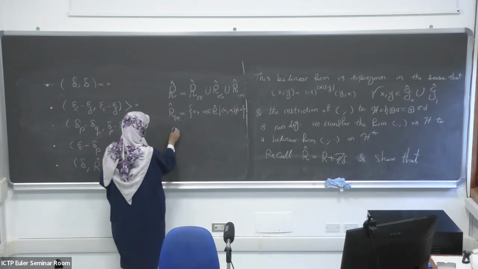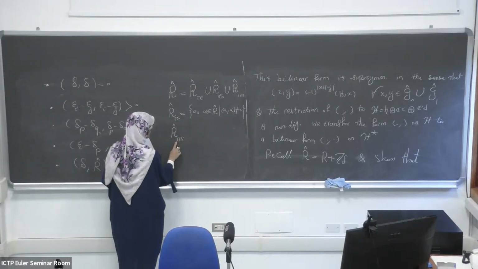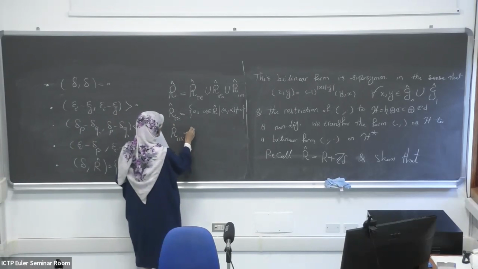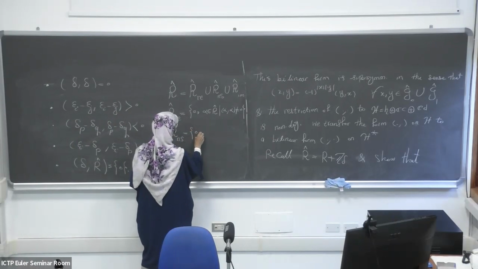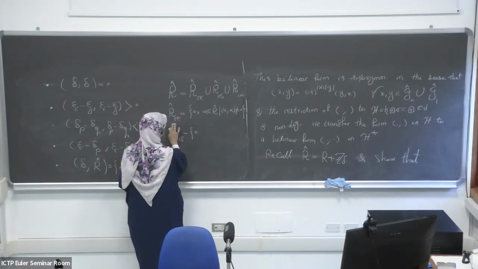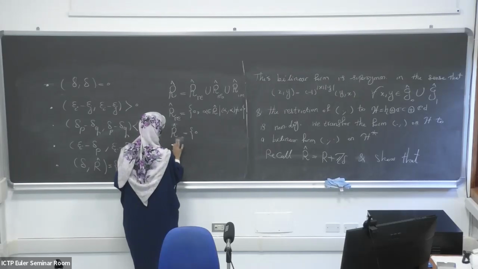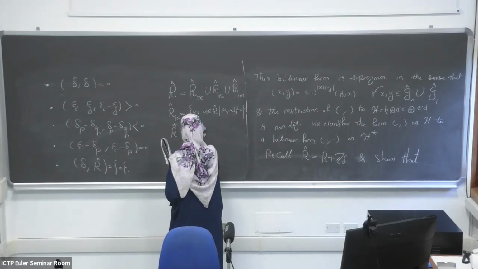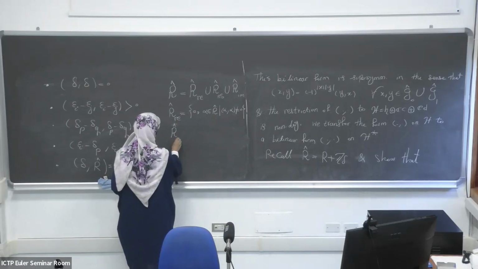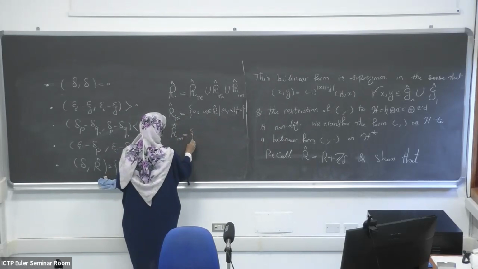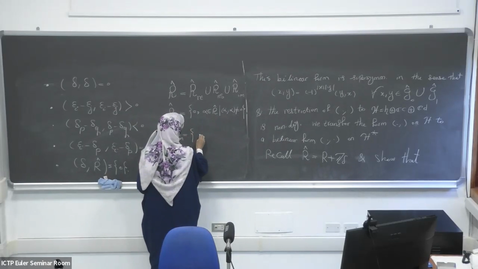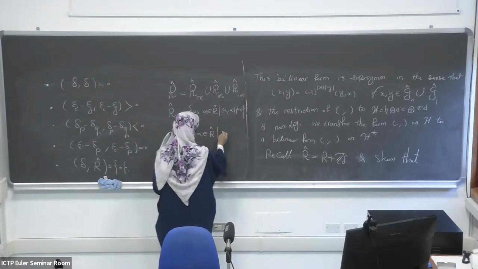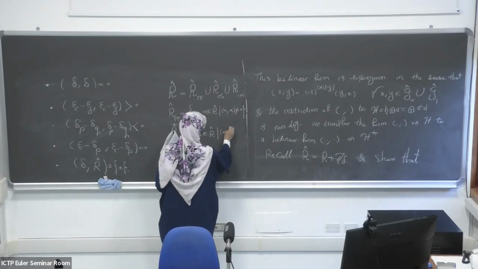And R hat ns is indicated for non-singular. Let's first define this one. R hat imaginary is all alpha belonging to R hat such that alpha with everything is 0.